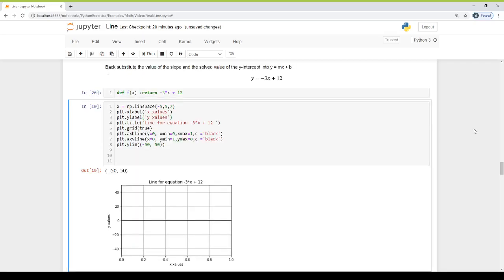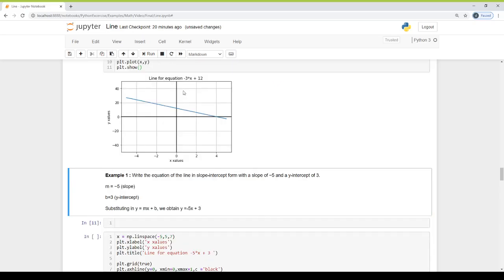We have taken x from minus 5 to 5, 7 values, and then the title, grid, and all these things. Now call the function and get the y value. y is equal to f(x), and plt.plot(x, y) and plt.show(). So this is our resultant line.